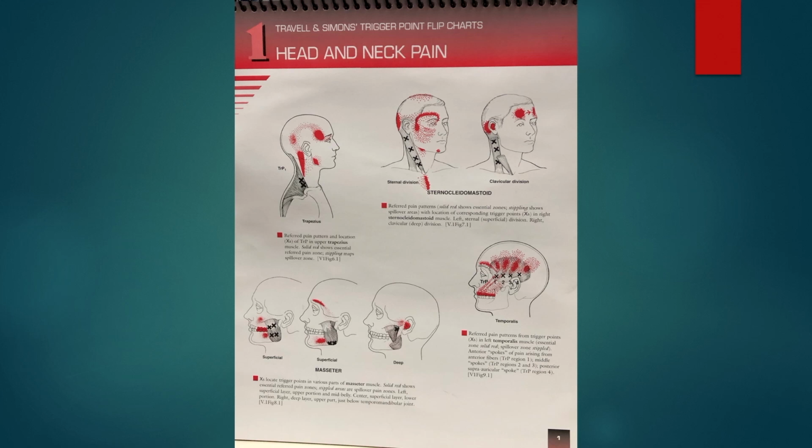Now, if you go to masseter, look at these. These are teeth that are aching. So the masseter is where the stimulus is. That's X's, but the teeth are red. So you can have a toothache because of your masseter hurting, okay? And you can have the ear hurt, which a lot of us know that the TMJ itself can refer pain to the ear, but so can the masseter, okay?